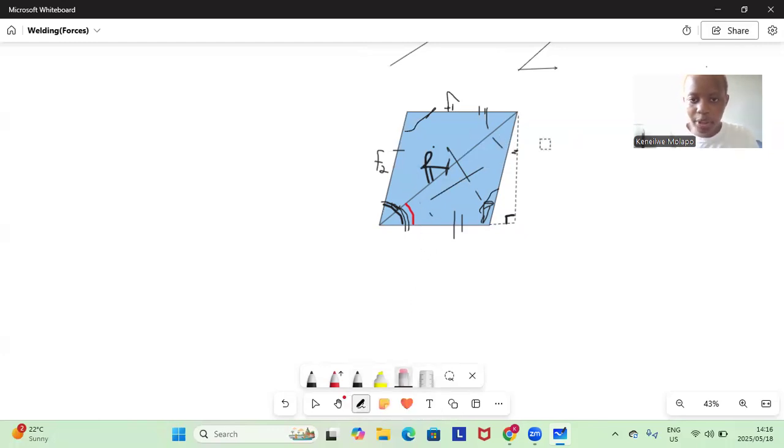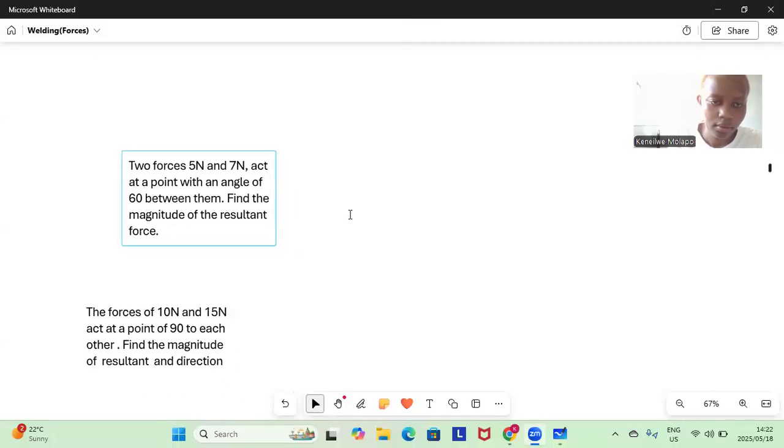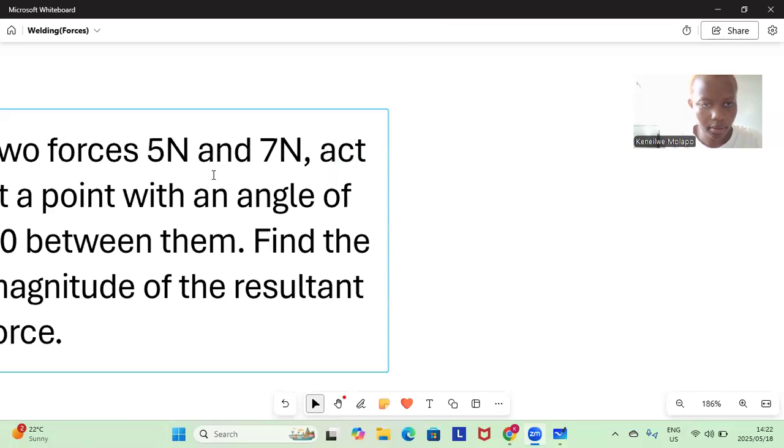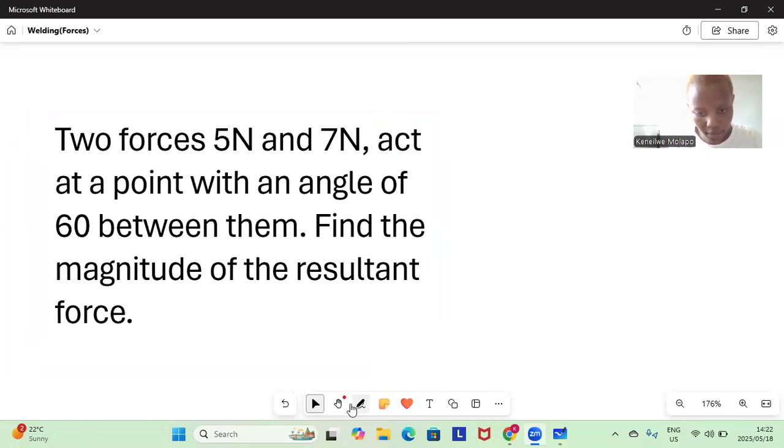I think you understood me. So for the parallelogram, let me give you an example of how a question can come, because it is a bit tricky. Here I have an example.